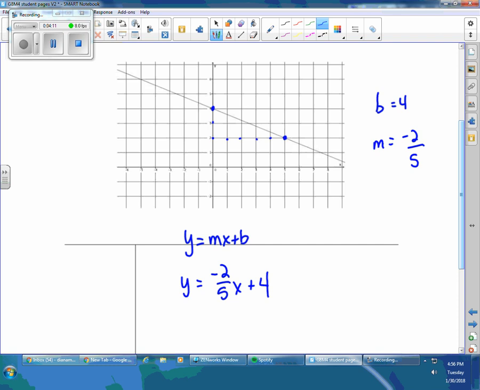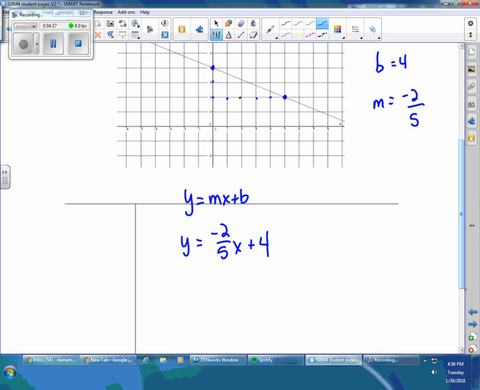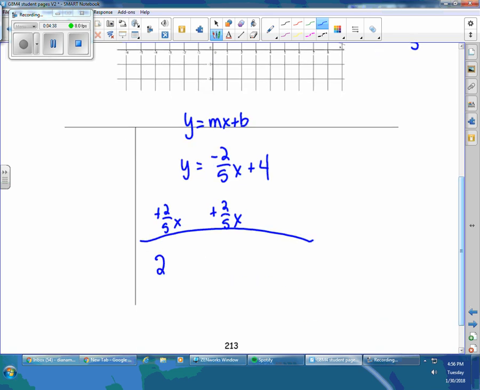Now, if I wanted this to be in standard form, I again could use my properties of equality to get my x term on the same side as my y term to have it be ax plus by equals c. And actually, this would not be hard to do at all. I could just add 2/5 x to both sides. And I'd have 2/5 x plus y equals 4.